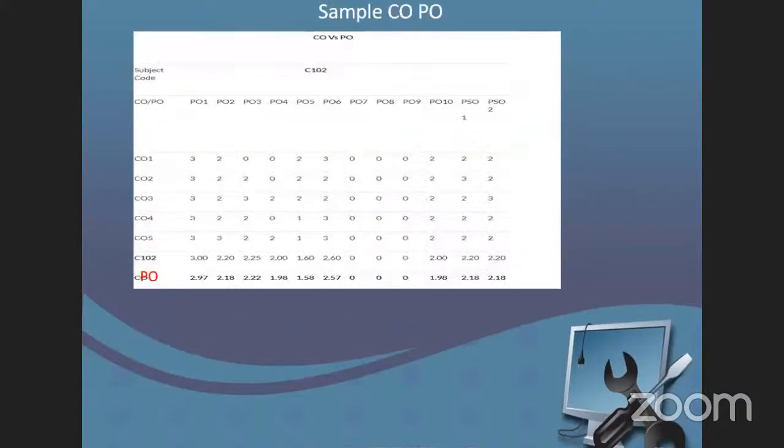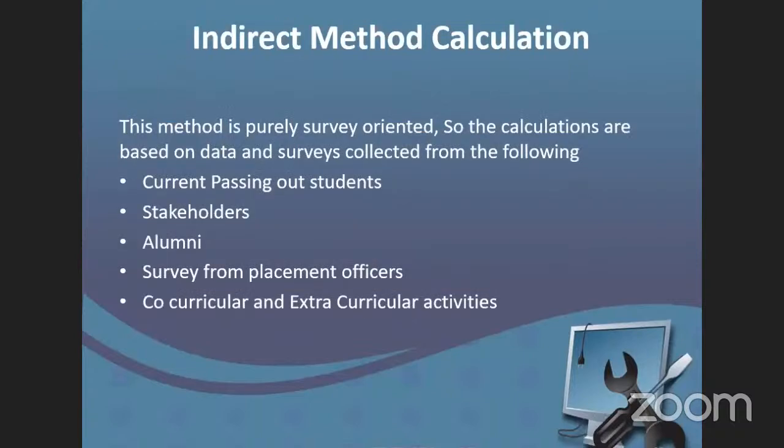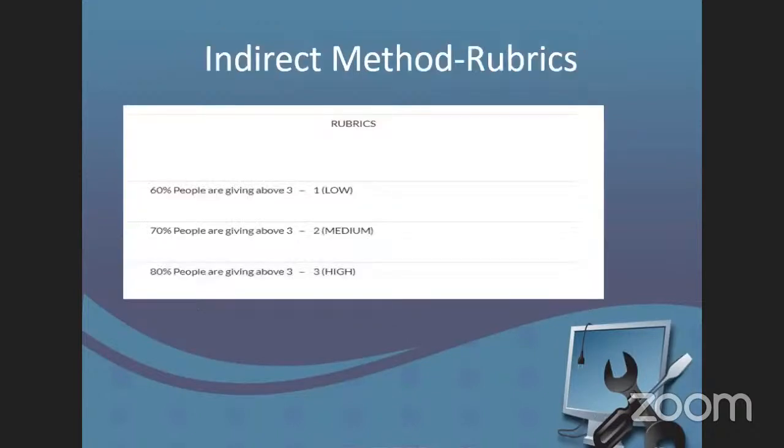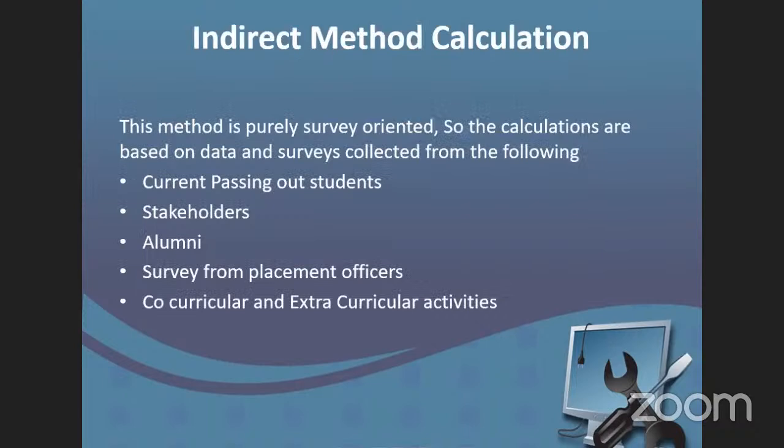So we have given the POs here. Next, this indirect method calculation is the same for both CO attainment and PO attainment. We are fixing the rubric as follows. In the survey, we will give a Google form, or a hard copy of a form with a set of questions, to survey people, whether they are passing out students, other stakeholders, alumni or placement officers.